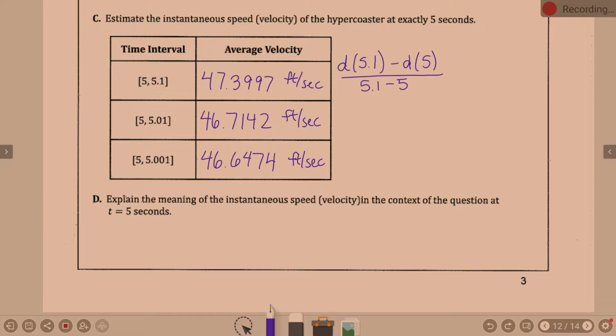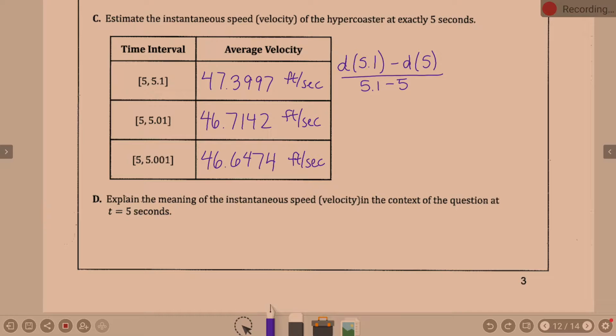Well, if you look at what the equation represents, it's not just the height, but the drop, is it? It's defined to be measuring the drop in feet per second. So our rate of change here is the drop of the hypercoaster at 5 seconds.